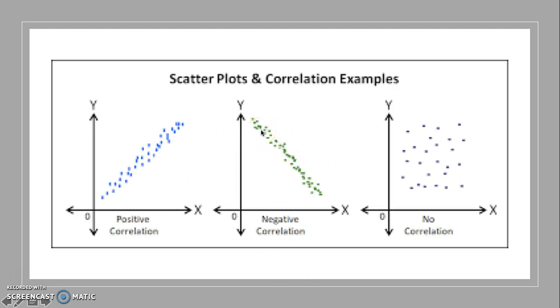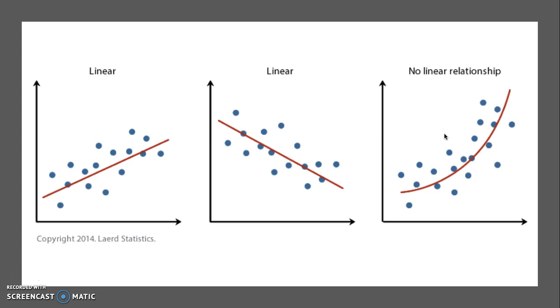If you had an imaginary line through it, it would be a negative slope. It'd be nice negative, or down the mountain or down the roller coaster. And then when you can't really draw a line any which way to describe it, it has no correlation.